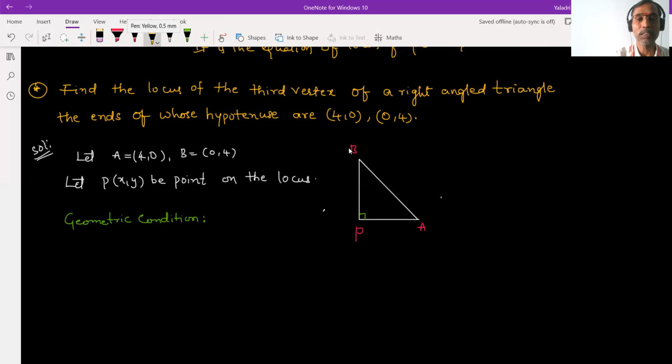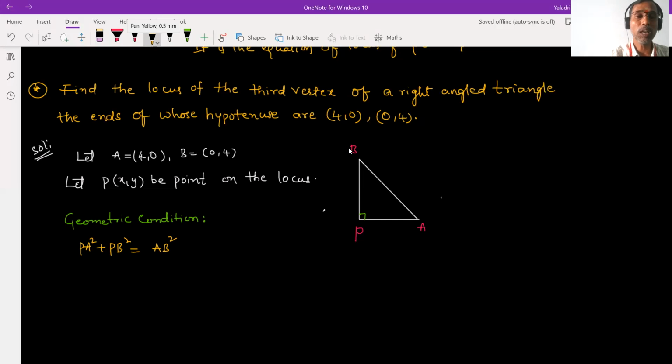You can write PA, PB or AP, BP, any one of them. AP square plus BP square or PA square plus PB square. I write PA square plus PB square equals AB square, by using the Pythagoras theorem.